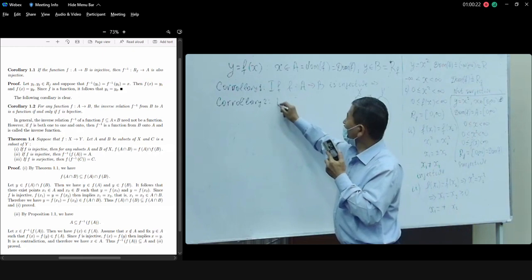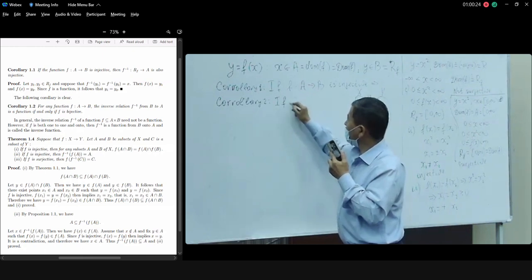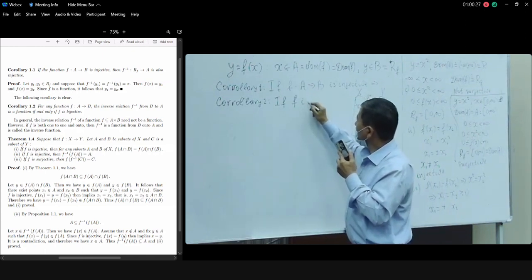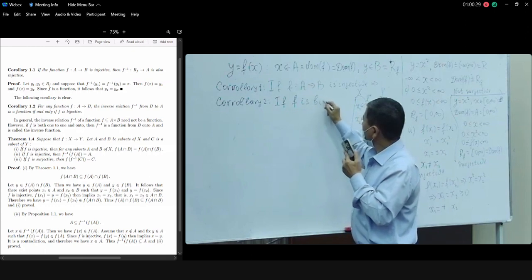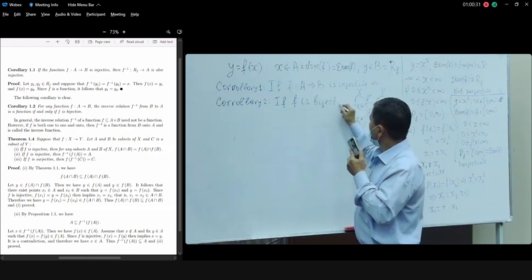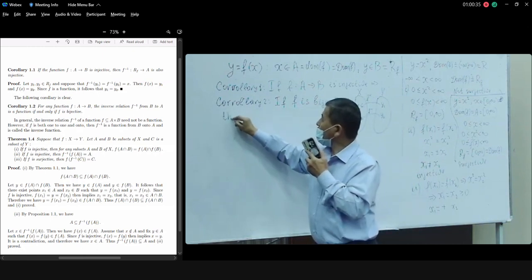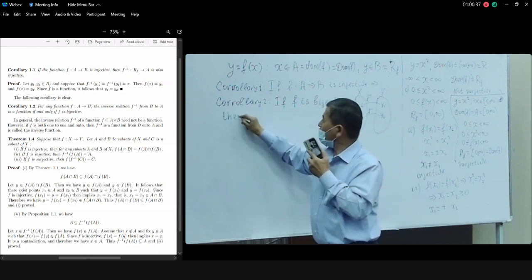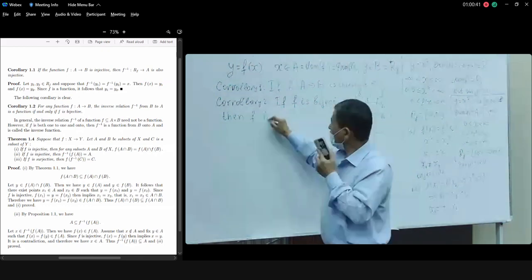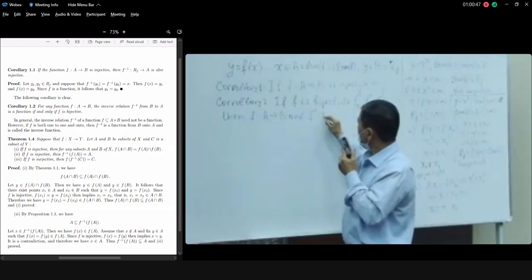Generally, if F is bijective, then F mapping A to B and F minus 1 mapping B to A is a function.